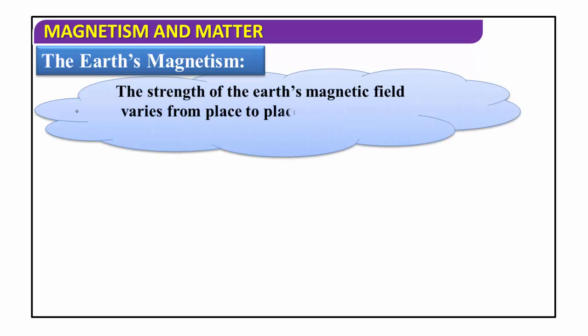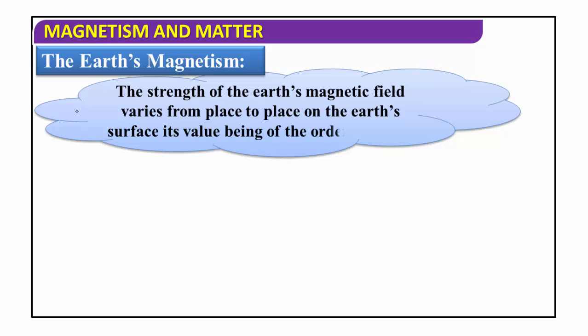The strength of the earth's magnetic field varies from one place to another on the earth's surface. Its value is in the order of 10 to the power of -5 Tesla.